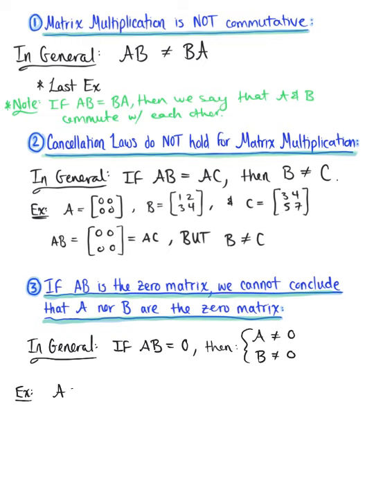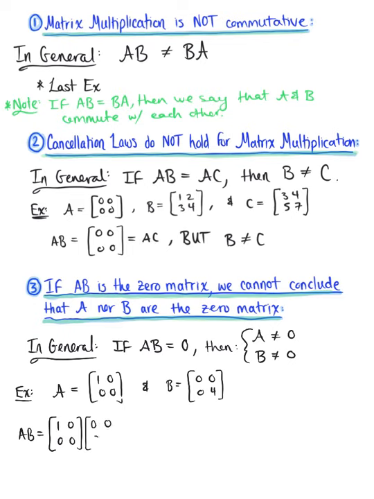Let's let matrix A be the matrix 1, 0, 0, 0, and we'll let matrix B be the 2 by 2 matrix 0, 0, 0, 4. So they're both 2 by 2 matrices, so we know that their product exists. So we're taking matrix A, which is 1, 0, 0, 0, and we're multiplying this by matrix B, 0, 0, 0, 4.